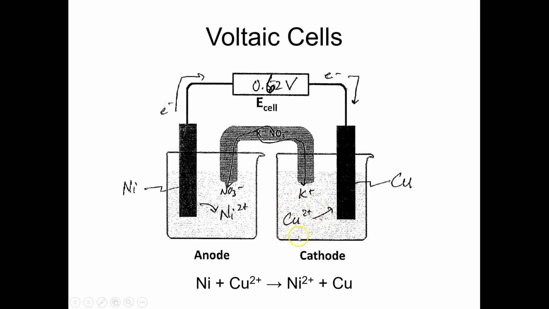In the cathode compartment, copper ions are migrating toward the cathode to get reduced. And then as far as the salt bridge is concerned, anions are migrating out of the salt bridge into the anode compartment to neutralize the charges on the nickel ions being produced. And cations are migrating into the cathode compartment to replace the copper ions that are being reduced to copper metal.